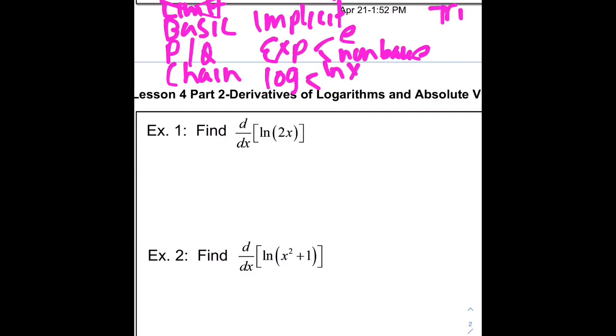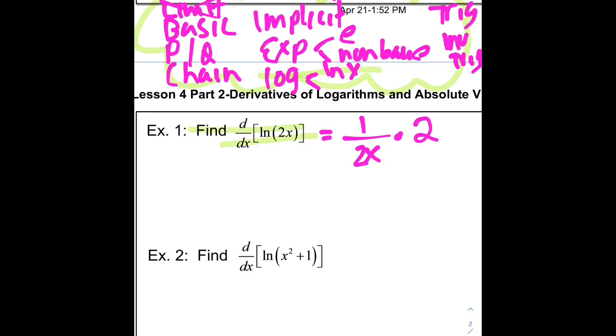And then don't forget that you have this in addition to your trig and your inverse trig derivatives. So when I'm looking at a problem like example 1, I'm saying to myself, which one of these rules kicks in? And hello, this is a natural log. So the natural log tells us to take 1 over 2x times the derivative of 2x, which is 2.